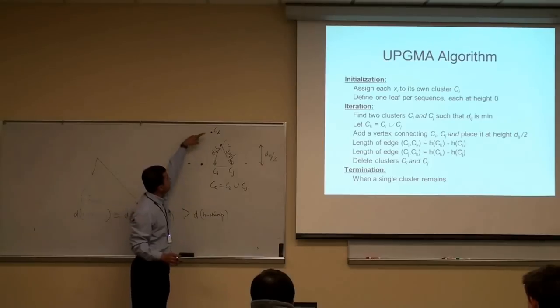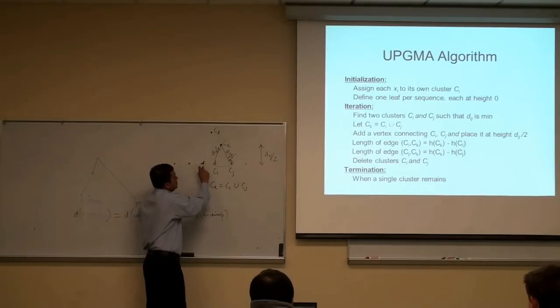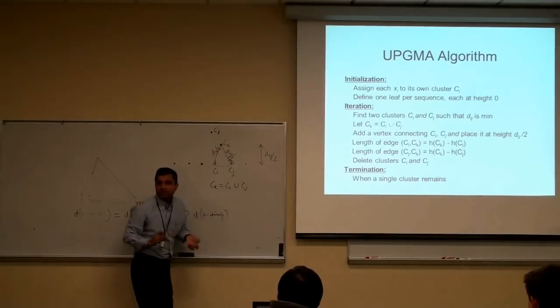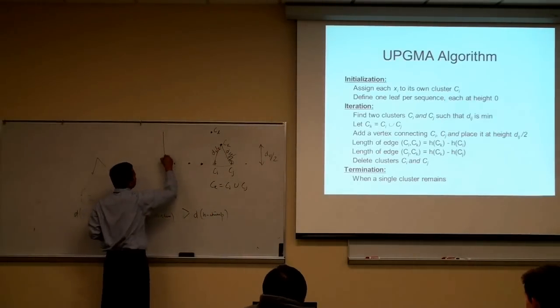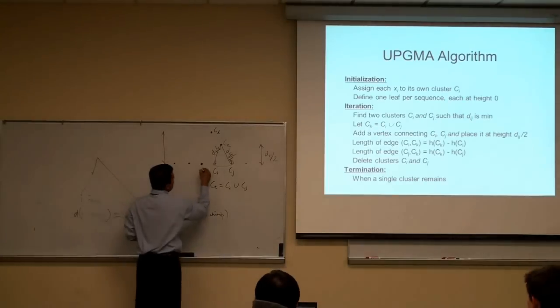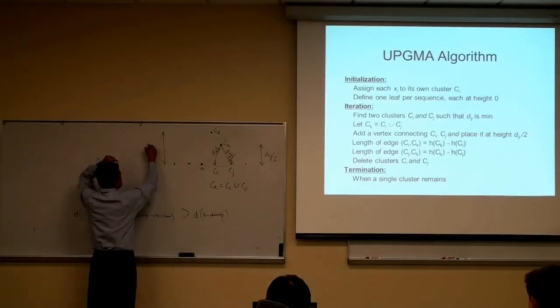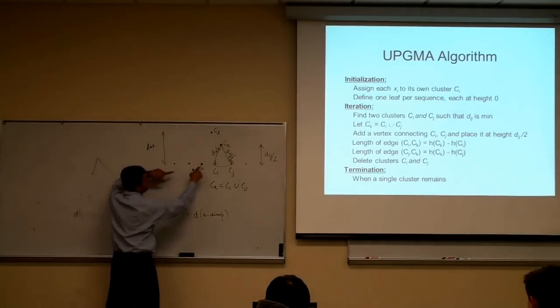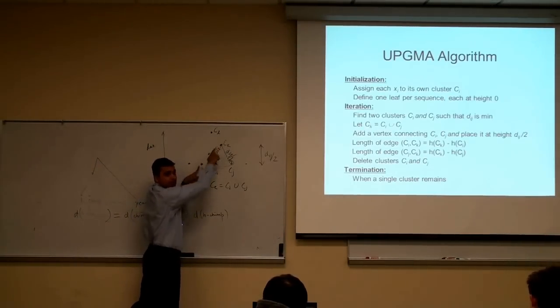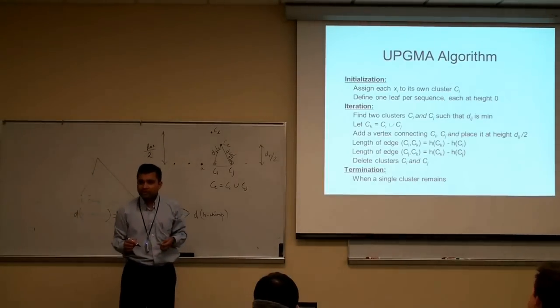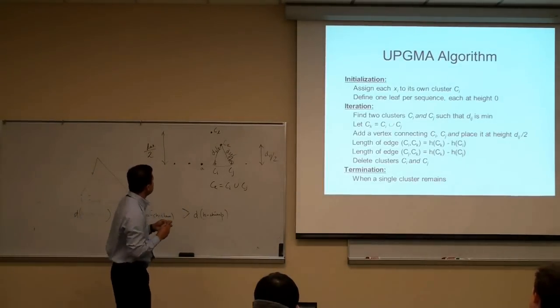Then you'll define the height as the distance between this cluster and that cluster divided by 2. Let's call this A. So this will be DAK, distance between cluster A and cluster K, divided by 2. Correct? What's that going to be?